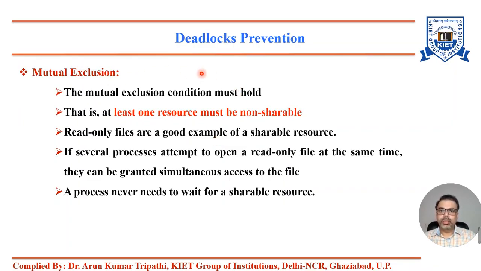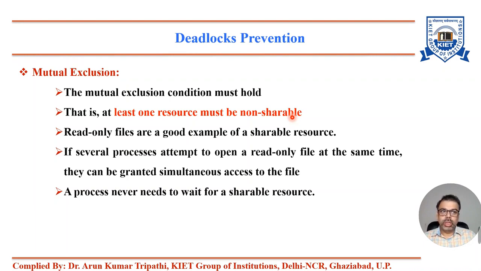First one is mutual exclusion. The mutual exclusion condition must hold, that is, at least one of the resources must be non-shareable. According to the mutual exclusion condition, there will be a non-shareable resource in the system.